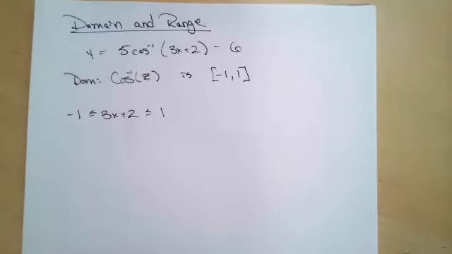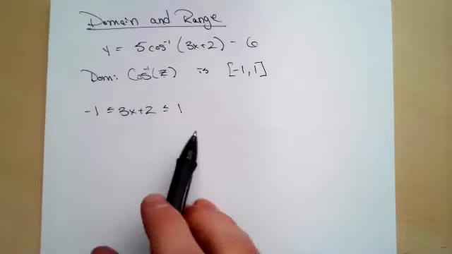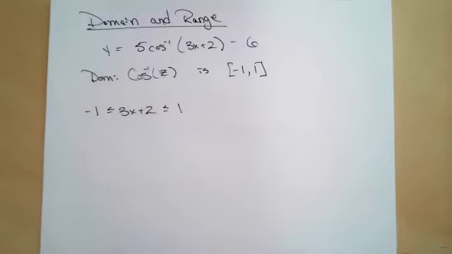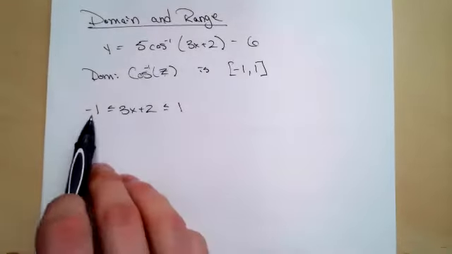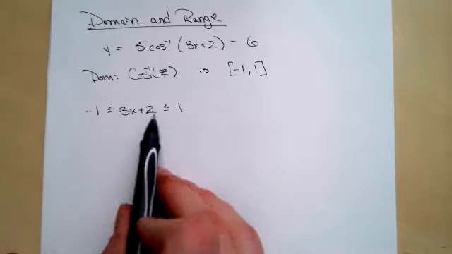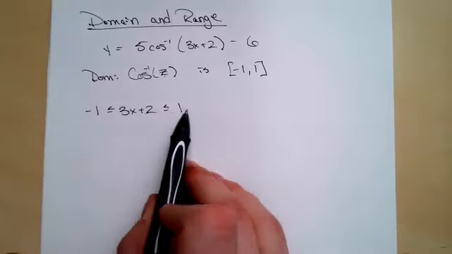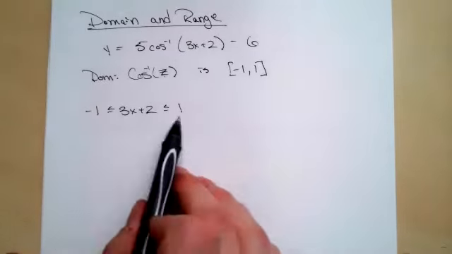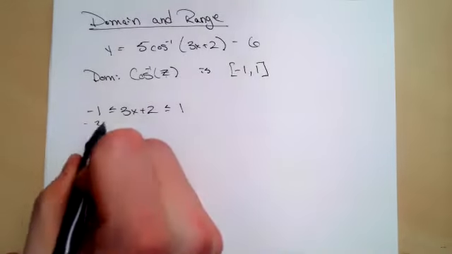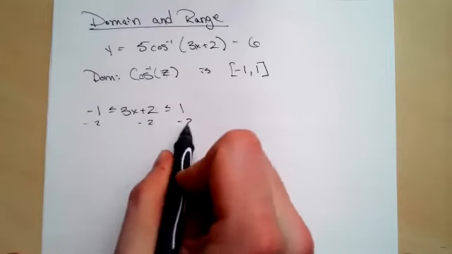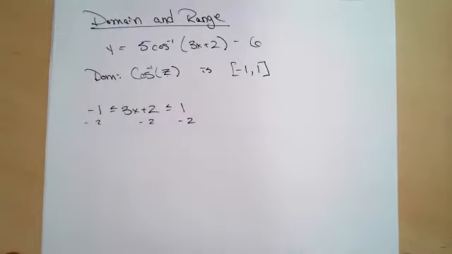If you remember way back in the first week, when we were doing absolute value inequalities, sometimes we have these compound inequalities. We can treat them as two separate inequalities if you want: minus 1 is less than or equal to 3x plus 2, and 3x plus 2 is less than or equal to 1. Or you can solve them both simultaneously, performing all the operations on every piece, in between each inequality.